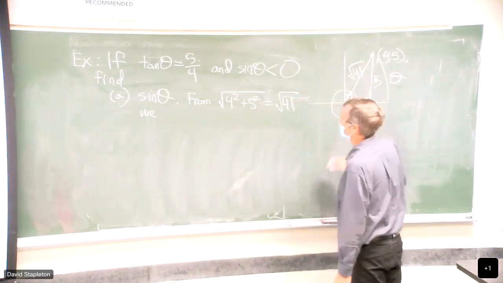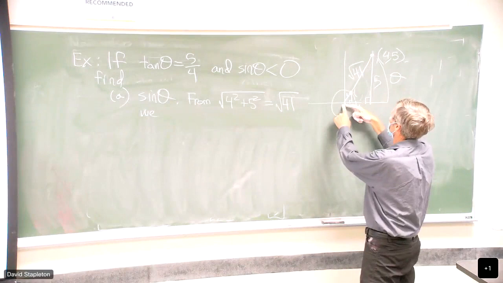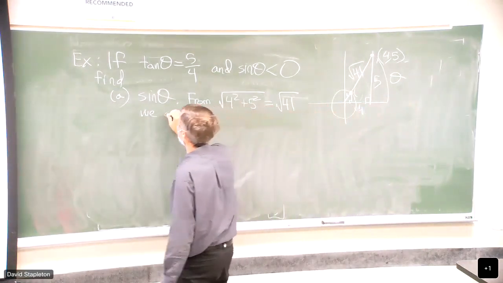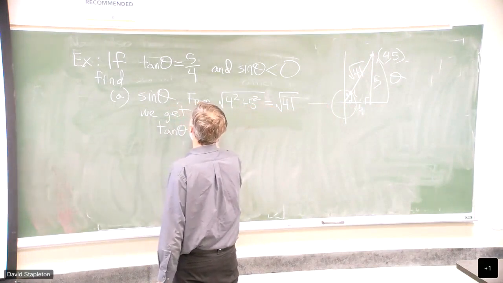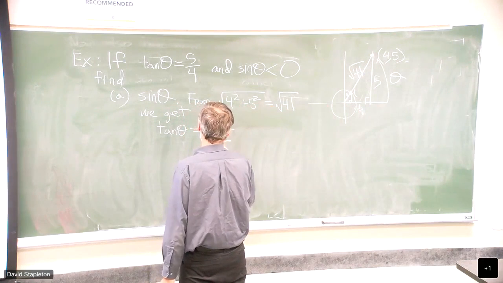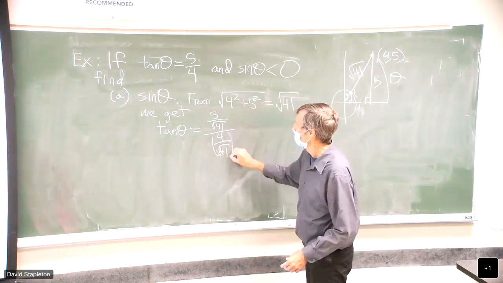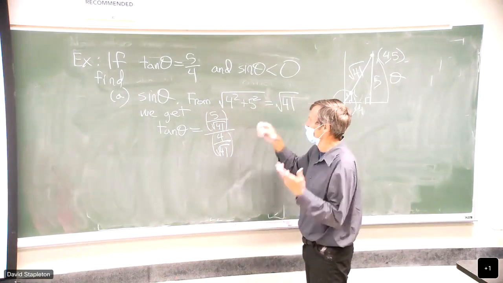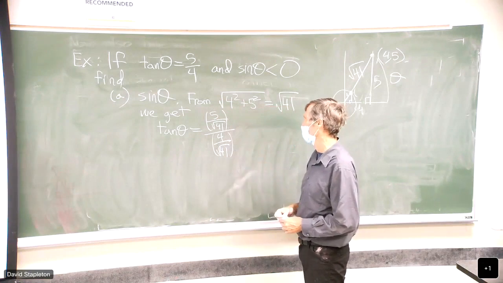By scaling it down to the unit circle, we scale all three sides by 1 over square root of 41. And we get, actually, the tangent theta is 5 over square root of 41 over 4 over square root of 41. I multiplied top and bottom by 1 over square root of 41. So it's the same quotient, right? I multiplied top and bottom by the same thing. But now this is the sine and this is the cosine.